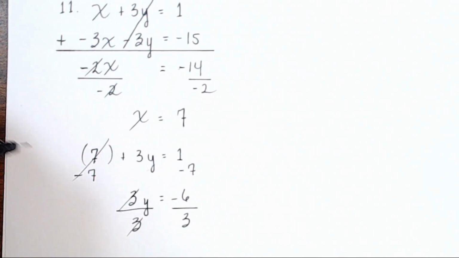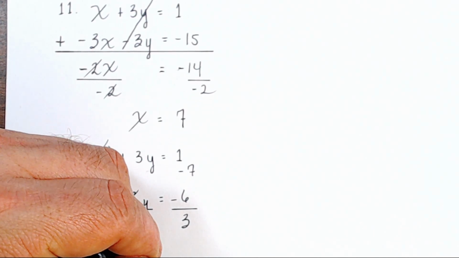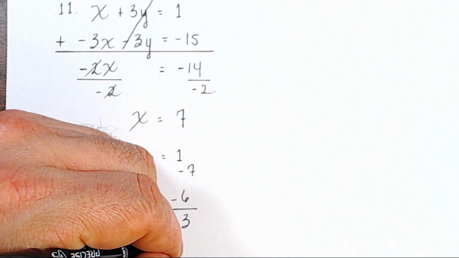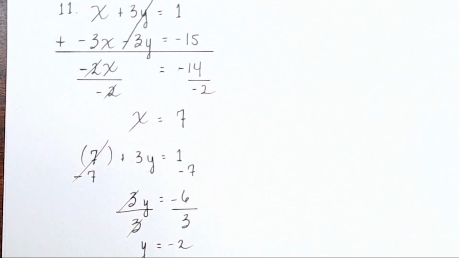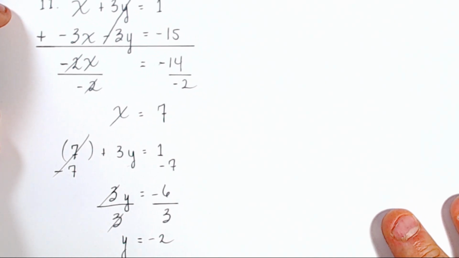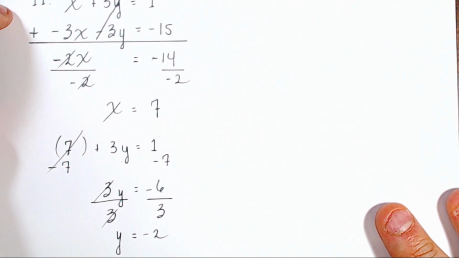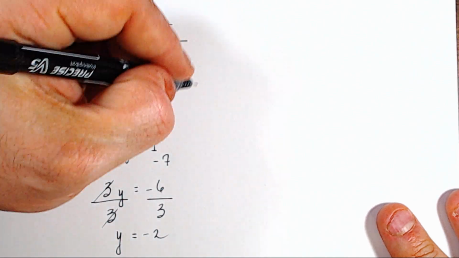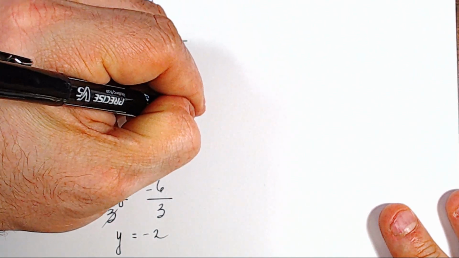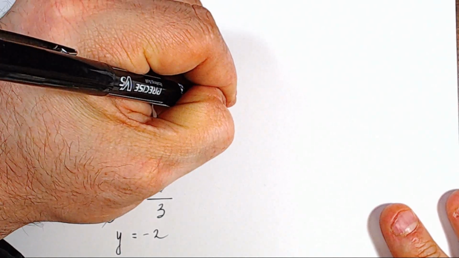And so y equals negative 6 divided by 3. What's that? Negative 2. So what are my x and y coordinates of intersection for this system of equations? x equals 7, y equals negative 2. Yes. So open parentheses, 7, comma, negative 2.